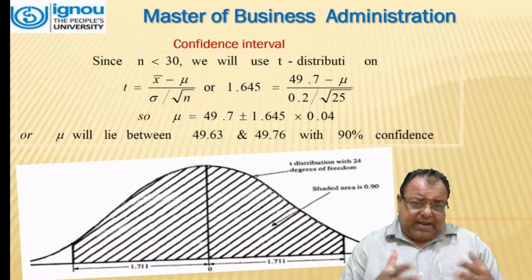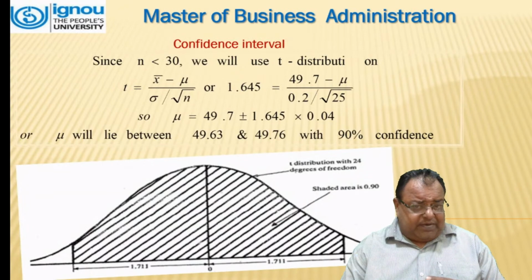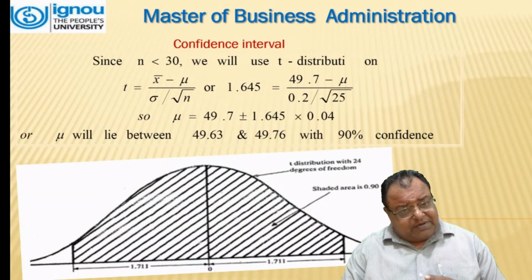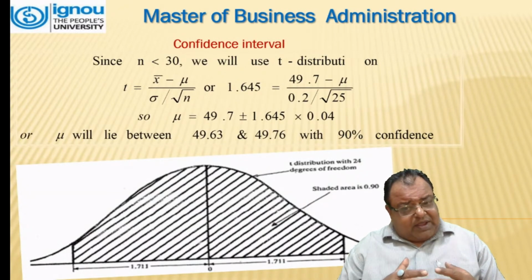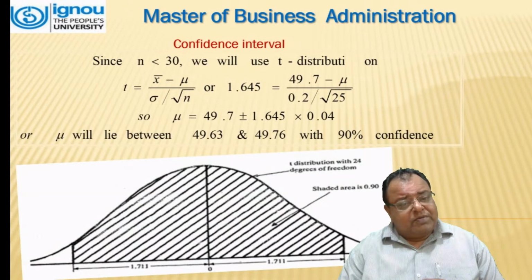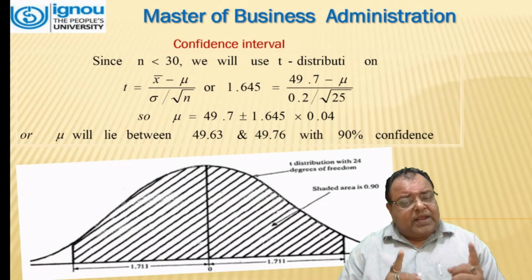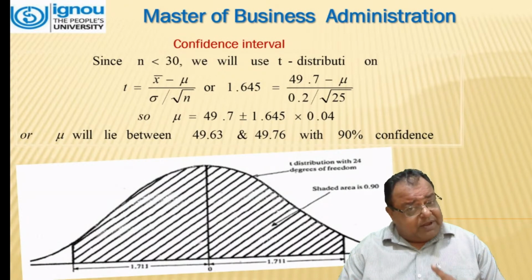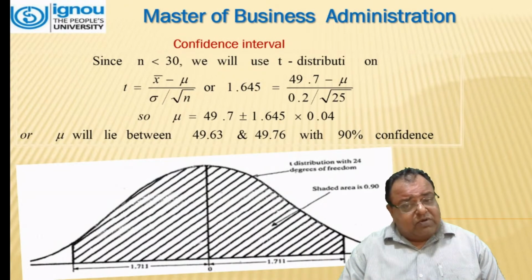Now, since n is less than 30, we will use the t distribution. For that, we will be using the formula t is equal to x bar minus mu upon sigma divided by root n. We have the value 1.645 equal to 49.7, the mean, minus mu, upon the standard deviation 0.2 divided by root 25.